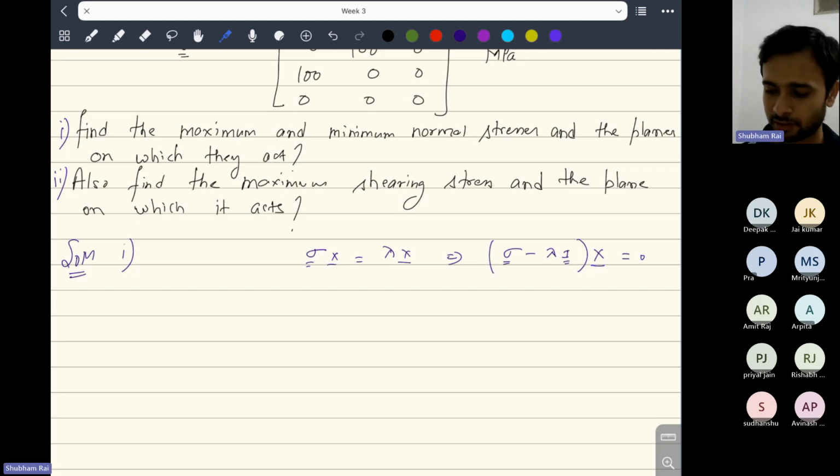Since on the right hand side you don't have anything, this is a homogeneous system of linear equations. To get a non-trivial solution, the rows should be linearly dependent.